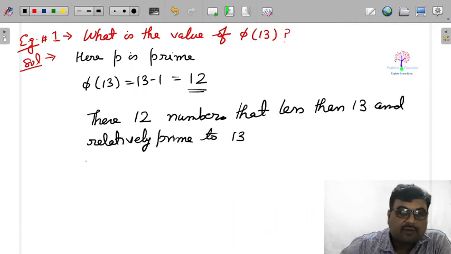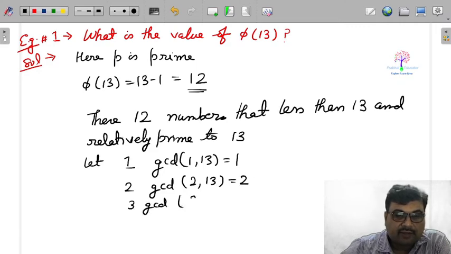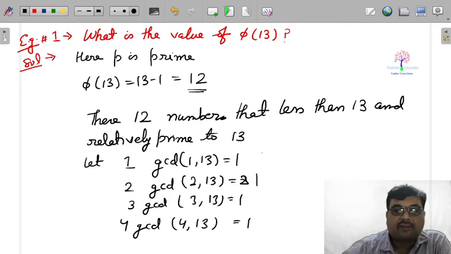How? Let's begin. First number 1. The GCD of 1 and 13 is equal to 1. Let's take 2. The GCD of 2 and 13 is 1. Let's take 3. The GCD of 3 and 13 is 1. Let's take 4, the GCD of 4 and 13 is 1.